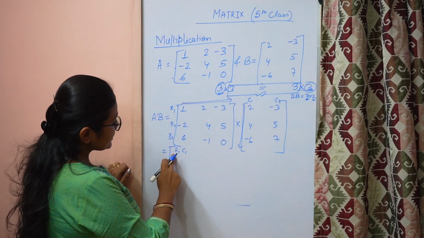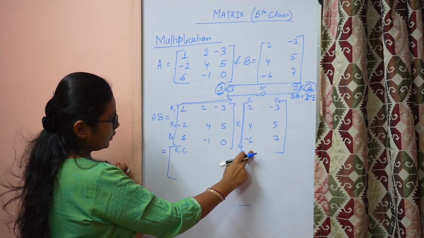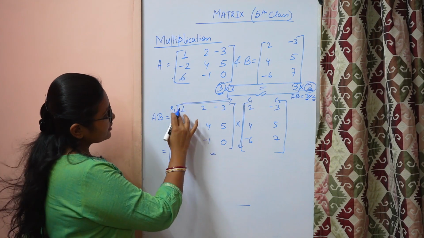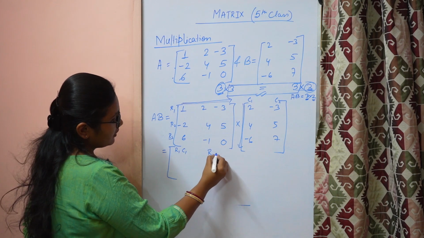The first element will be the product of R1 and C1. The second element, this one, is R1 and C2.